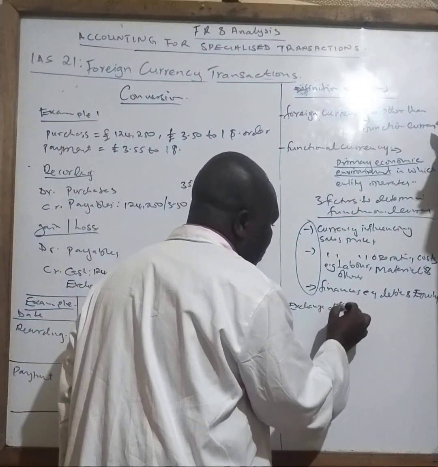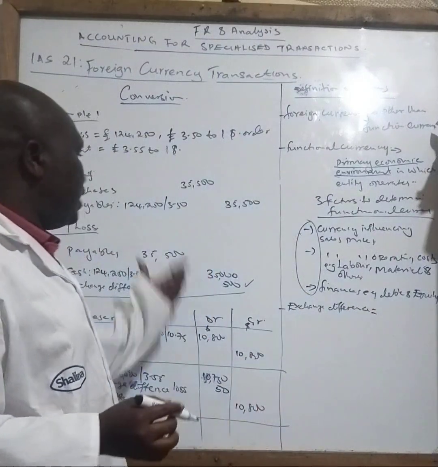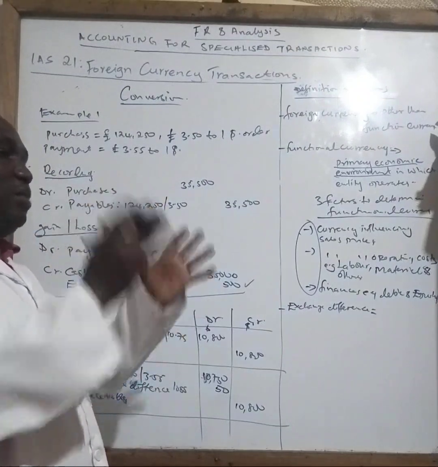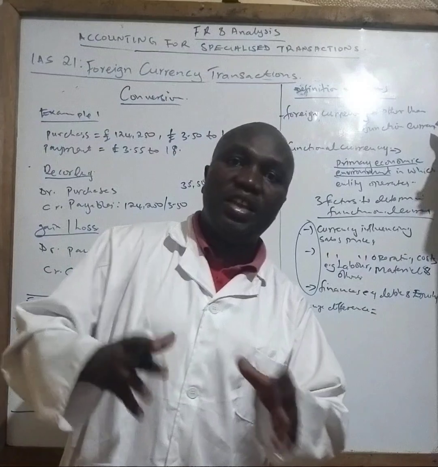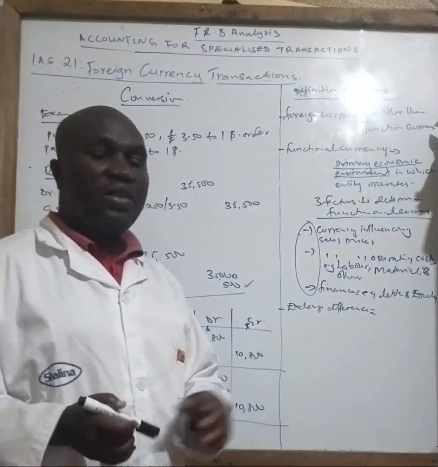Now, the next term is what we call an exchange difference. We have already mentioned here that exchange difference is where there is a difference between the exchange rate at the time of transaction and the exchange rate at the time of payment or receipt. So what is exchange difference?